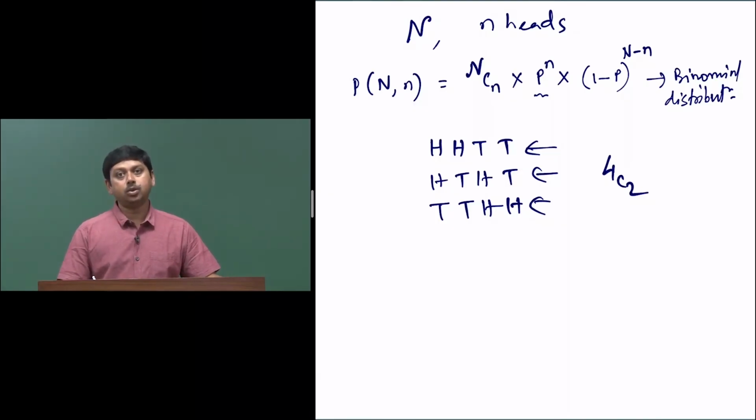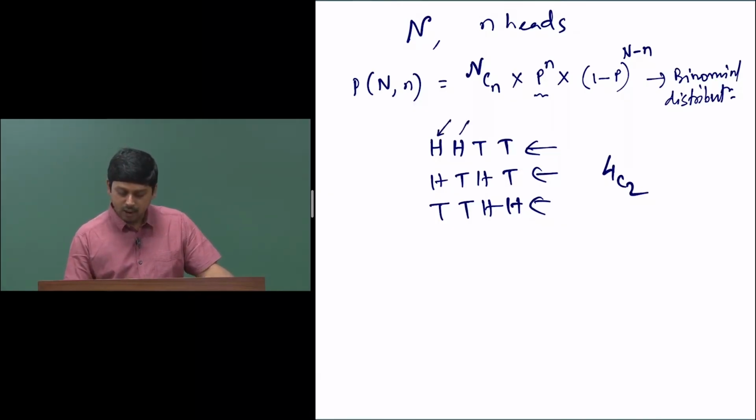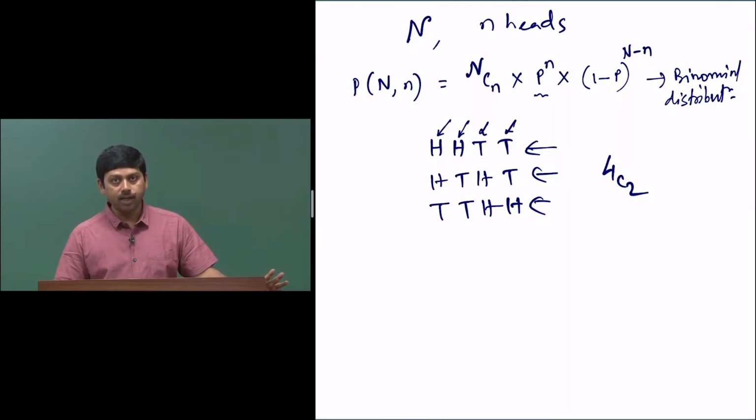have 2 heads and 2 tails, and since each of them is an independent event, each will have probability half associated with it, provided it is an unbiased coin, where p and 1 minus p are equal, so p is half. However, if they are biased, then we have to associate the probability as p to the power n, or here p to the power 2 and 1 minus p to the power 2 as well.